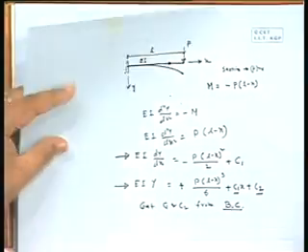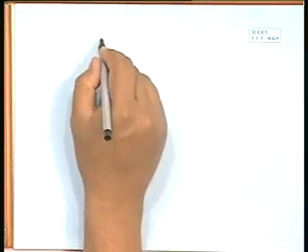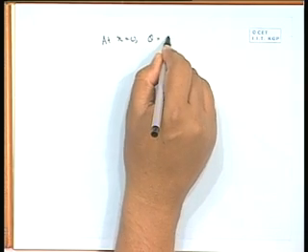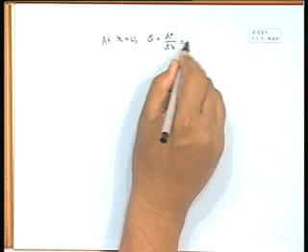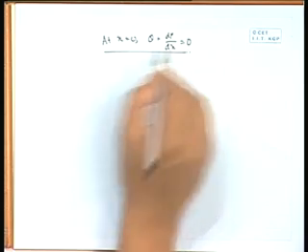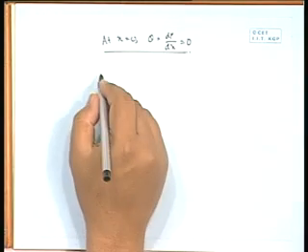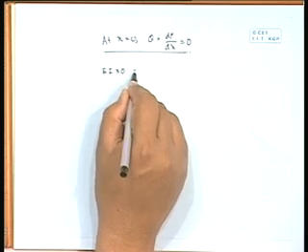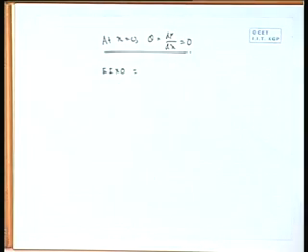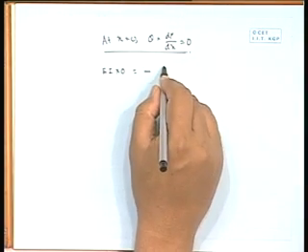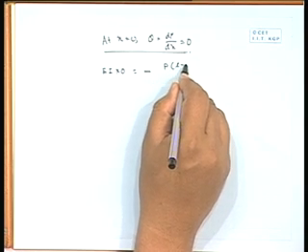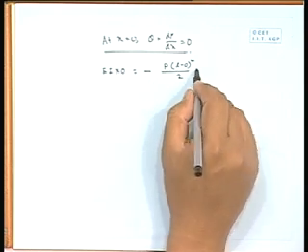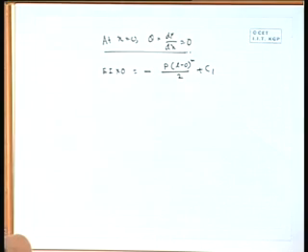Now, if I take at x equal to 0, theta equal to dy by dx equal to 0, that condition will give EI into 0, because dy by dx is 0, equals minus P (L minus 0) square divided by 2 plus C1.